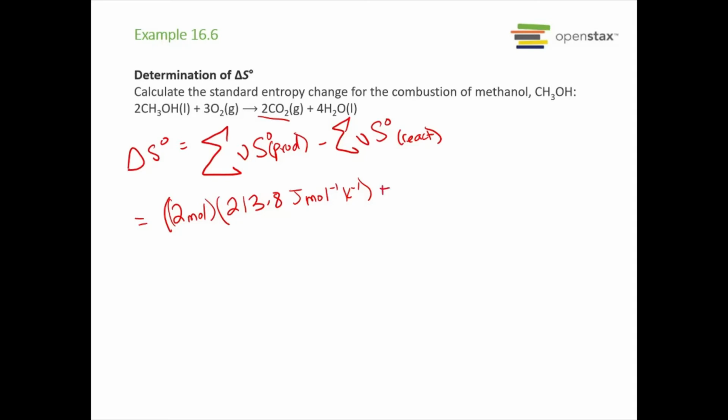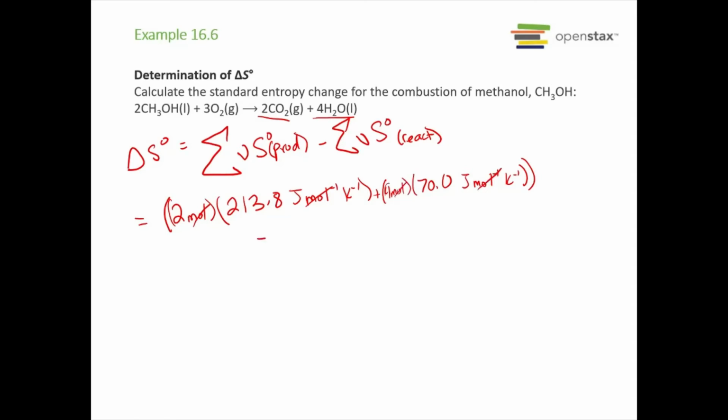Okay, and then we also have 4 water, so we have 4 times the standard entropy of water, which is 70.0 joules per mole Kelvin. So we can see our moles cancel. Let me just rewrite this, plus 4 moles. Moles cancel.